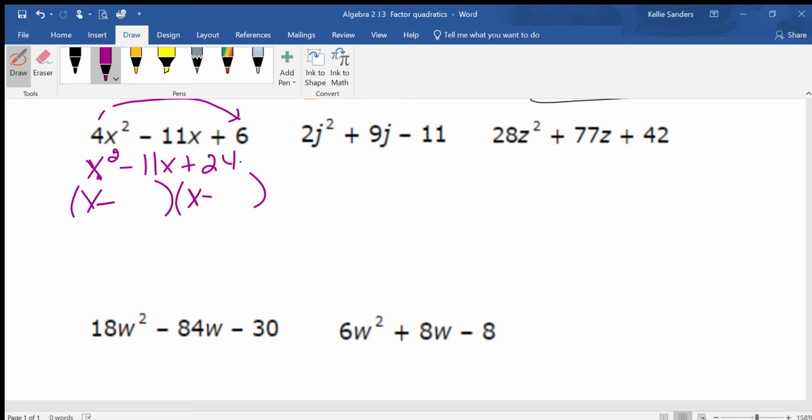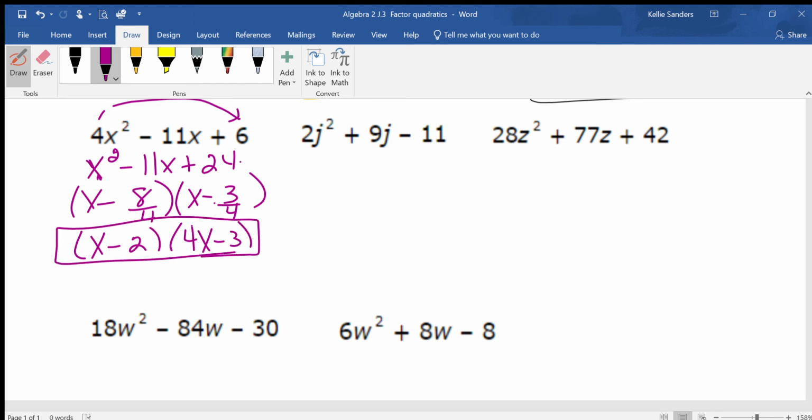Multiply to get 24, 8 and 3. Then we're going to divide by 4. 8 over 4 is 2. 3 over 4 is reduced. 2 over 4 is reduced.